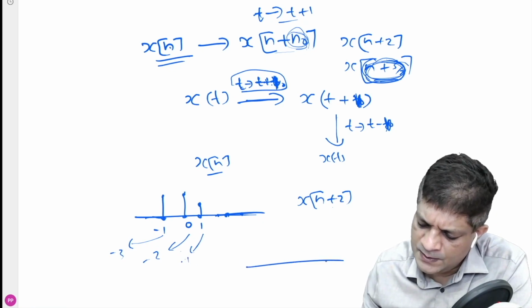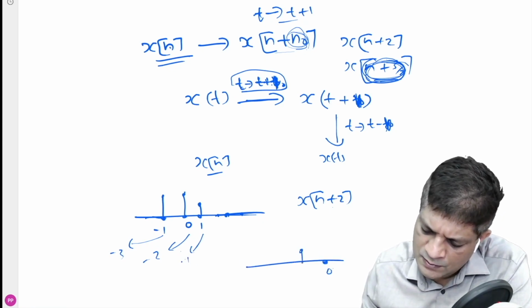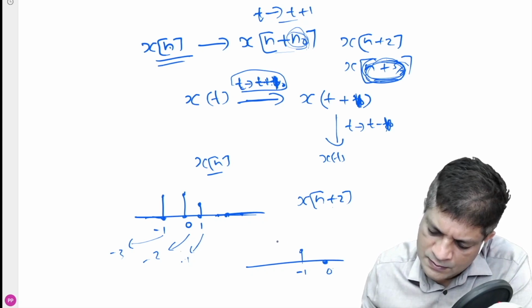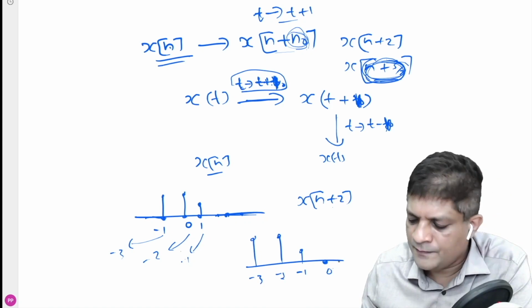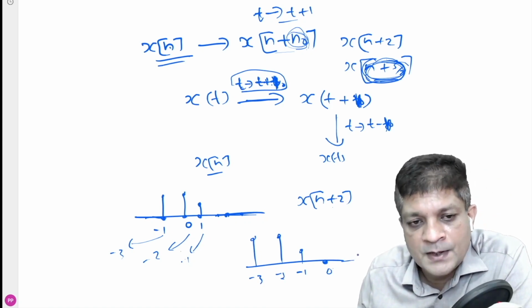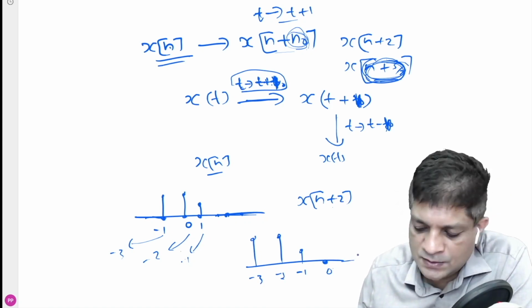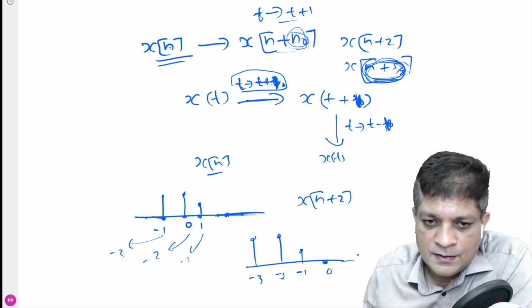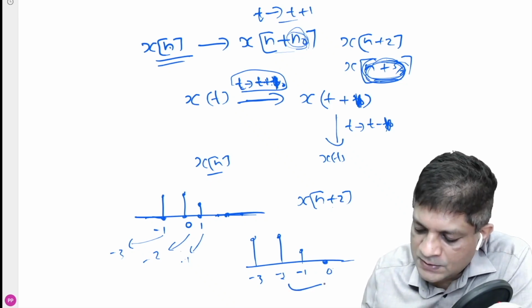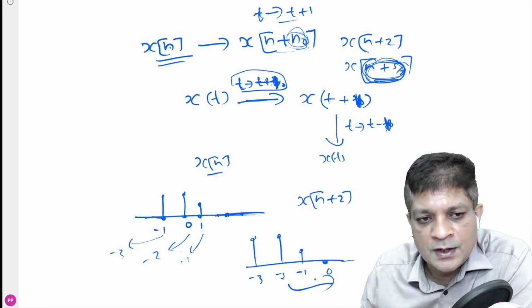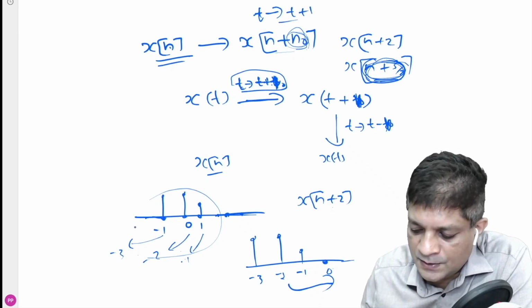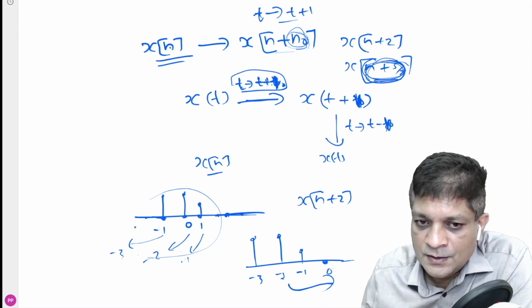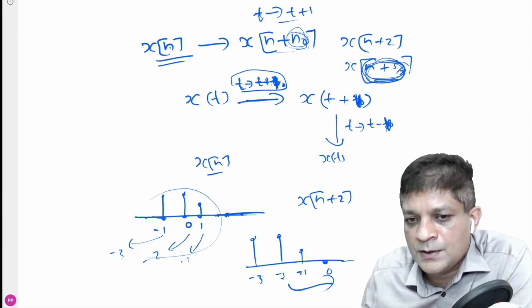So the signal will be 0, minus 1, then minus 2, minus 3. This is the shifted signal, x(n plus 2). Now what is the inverse operation? If we shift this signal right by 2, you can get back the original signal x(n). So it is an invertible operation.